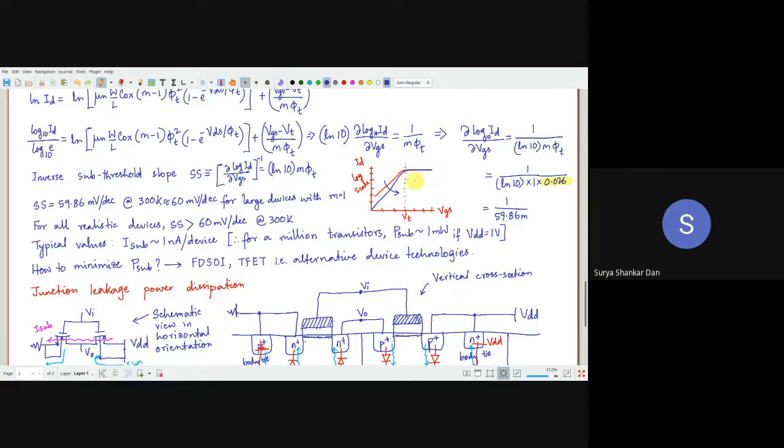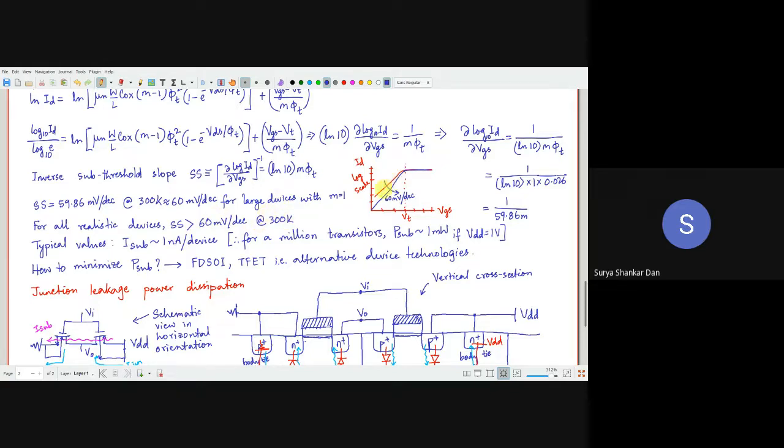Now it turns out, with this mathematics which I have done right now, you now know that if the subthreshold slope is 60 millivolt per decade, I'll explain the unit also, why we say millivolt per decade, you cannot make it 55, 50, 45, never, if it is a MOSFET. Now for all realistic devices, subthreshold slope is invariably larger than 60 millivolt per decade at 300 Kelvin.